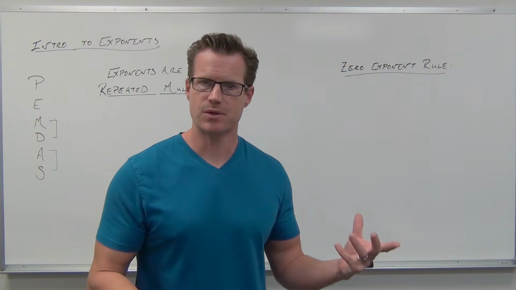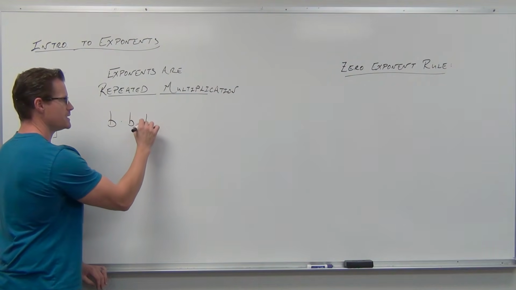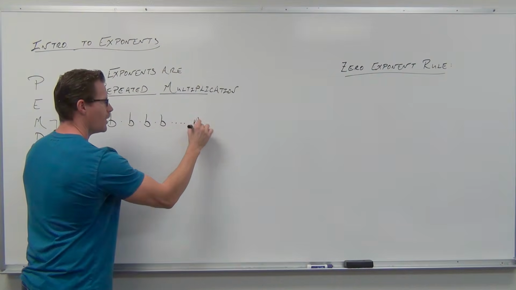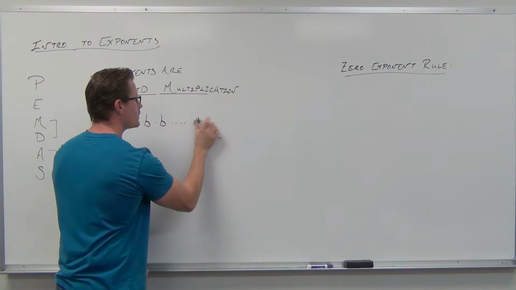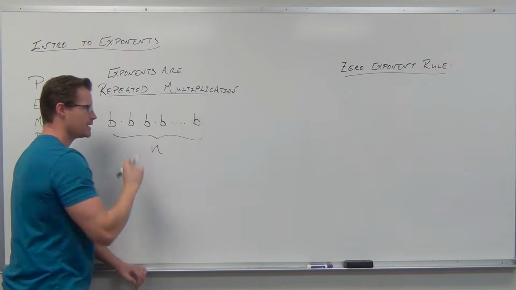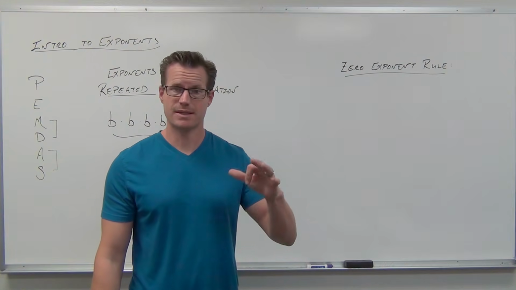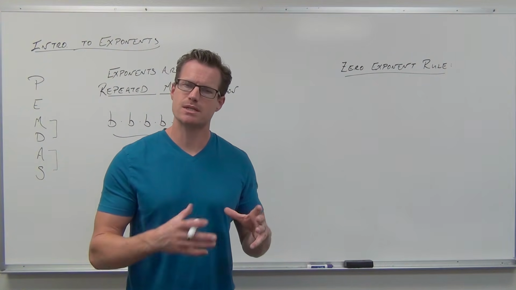Eventually it gets really tiresome to write that out. I mean, if we had b times b times b times b, a whole bunch of times, let's say n times. Well, we could write out b times b times b times b times b times b. That's not wrong, but there's a much more concise way to write it.